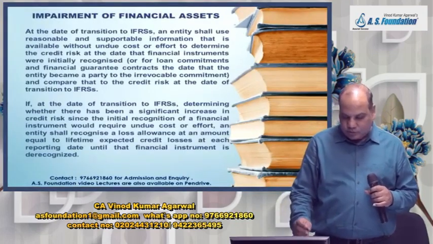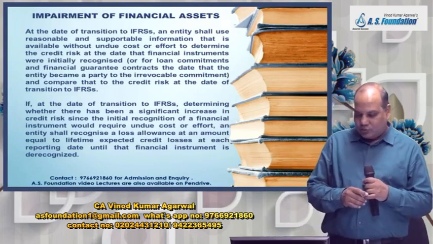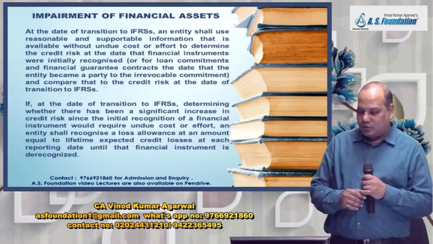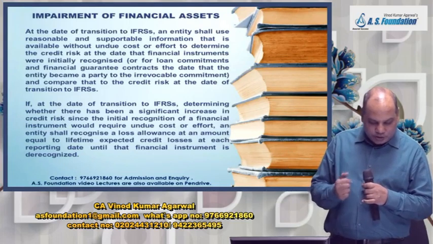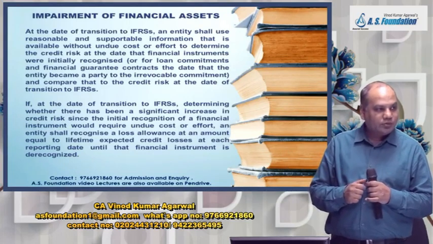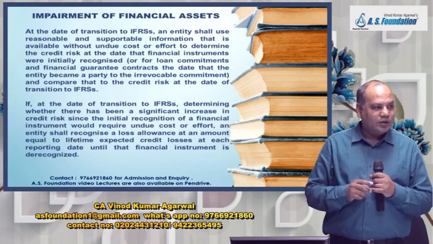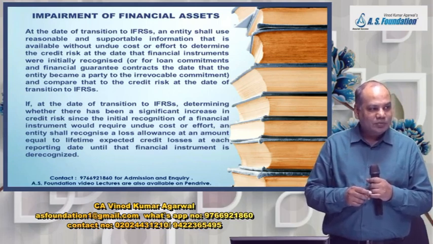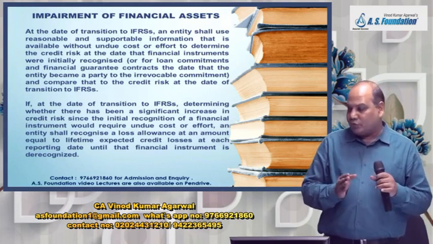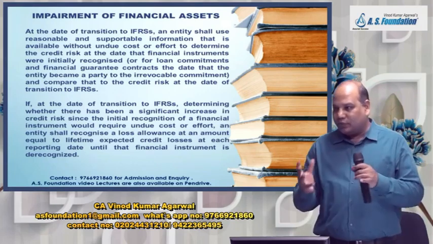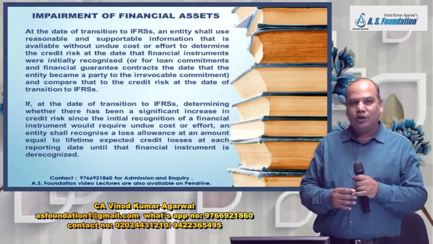Now, one more little complicated issue related to financial assets. Most of these adjustments that you will find here are related to one standard. Which one? IFRS 9. Because IFRS 9 is again a very new standard, a totally revamped standard.